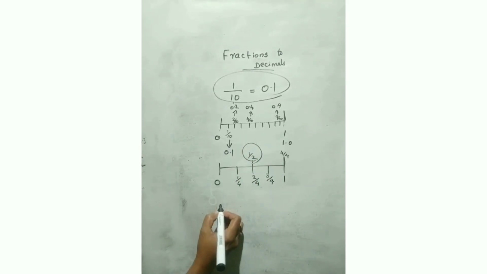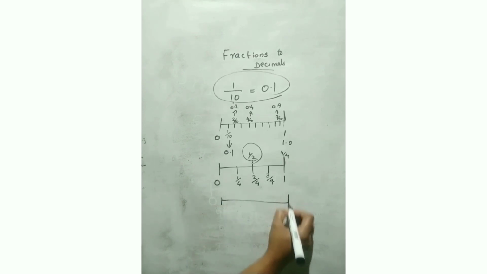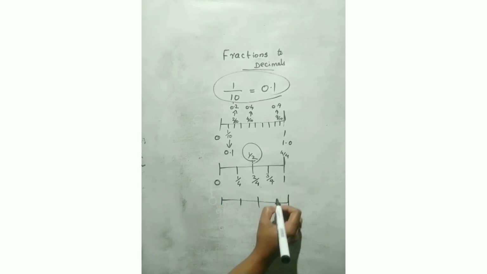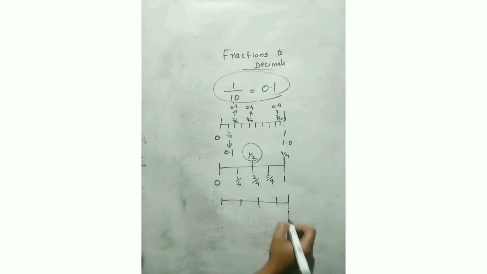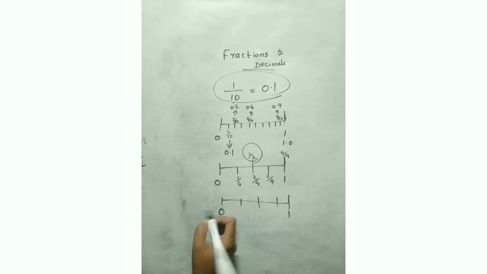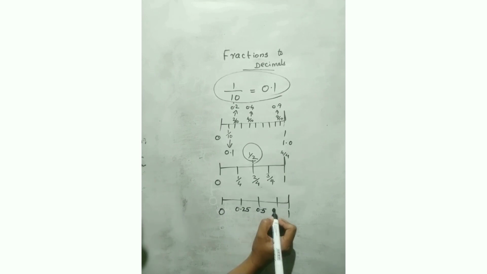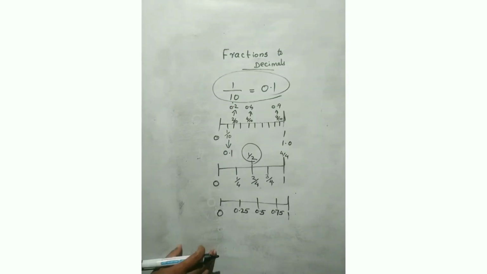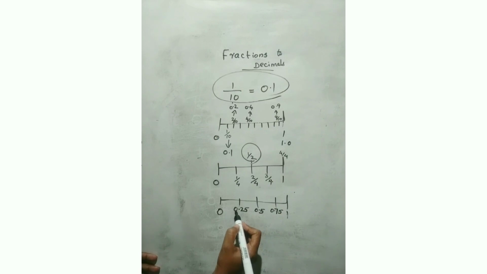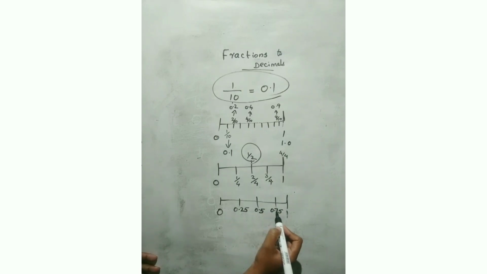Then in the decimal form, we know this same division itself, same part itself, we can write in the decimal form. This will be 0.25 and this will be 0.5 and this will be 0.75, this will be 1.0.